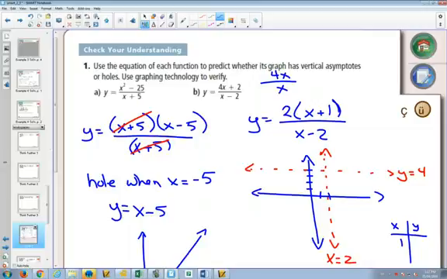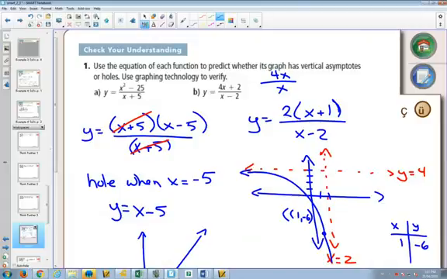Well, plug 1 in, you're going to get on the top 6, on the bottom negative 1. So I have the point 1, negative 6. As far as my graph, now that I know that point's in there, I'm going to estimate that this is going to be my value up here.